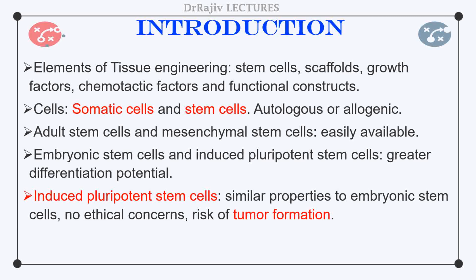For example, embryonic stem cells have the potential to differentiate into any cell type and can be used for a wide range of applications, but their use is limited due to ethical reasons. Adult stem cells are easy to isolate and do not raise ethical concerns, but their differentiation and proliferation potentials are limited. Induced pluripotent stem cells have similar properties to embryonic stem cells and do not raise ethical concerns, but their use is limited due to the risk of tumor formation.